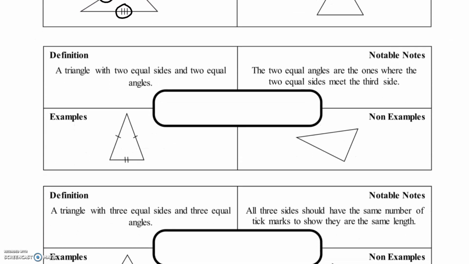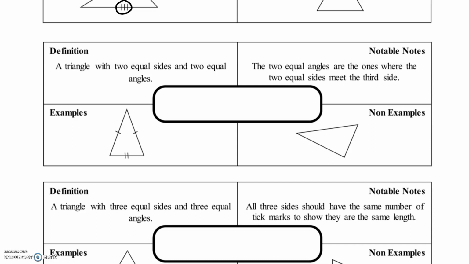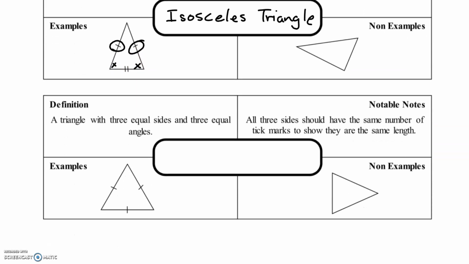The second definition says a triangle with two equal sides and two equal angles is called an isosceles triangle. Okay, so we can see that we have equal sides here, and then at the bottom of the equal sides are the equal angles in an isosceles triangle.